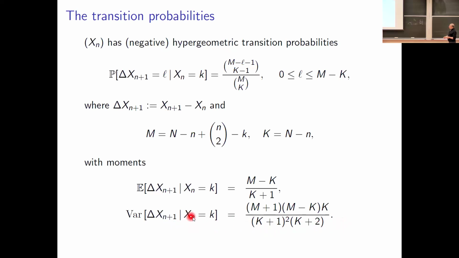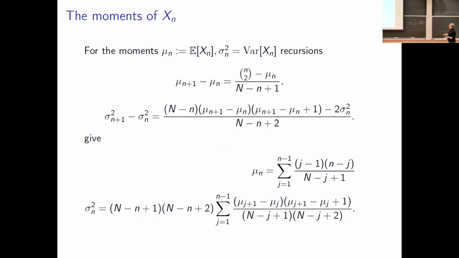So given the graph Gn has k edges, the increment in terms of the number of edges is given by these formulas. The moments are given by these formulas. Okay, so we have recursion. We have some formulas. I can see what happens with the moments. For the moments, we have this recursion for the mean and this recursion for the variance.